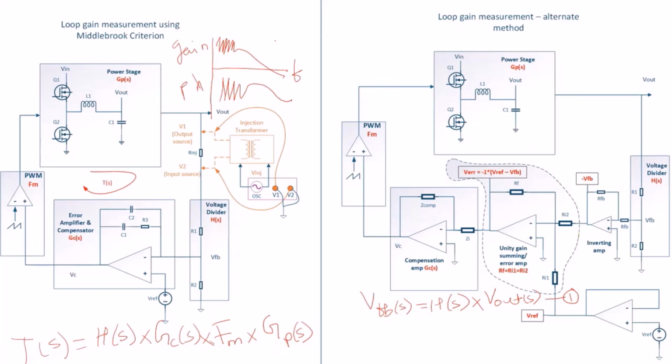So I can write the second equation as V error of S times GC of S, I'm sorry, FM times GP of S is V out. That's my second equation.